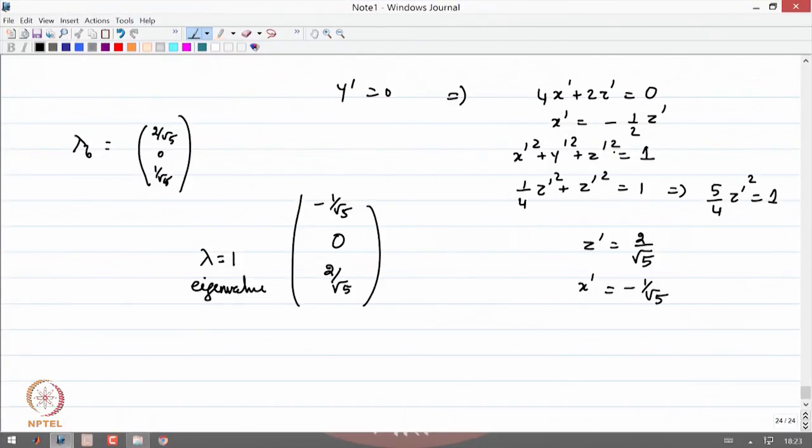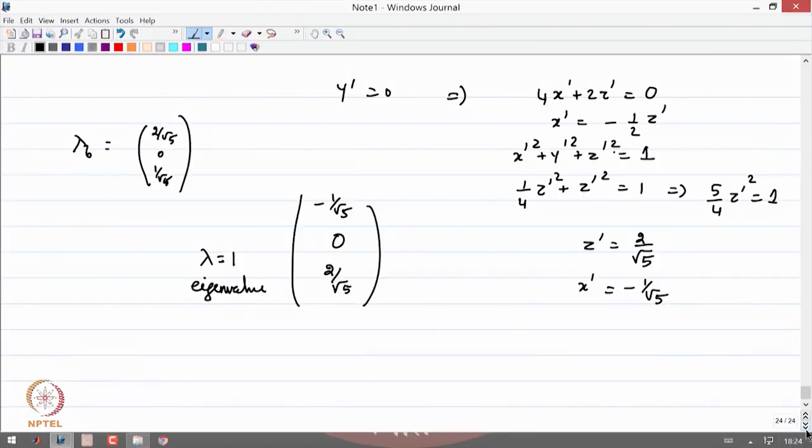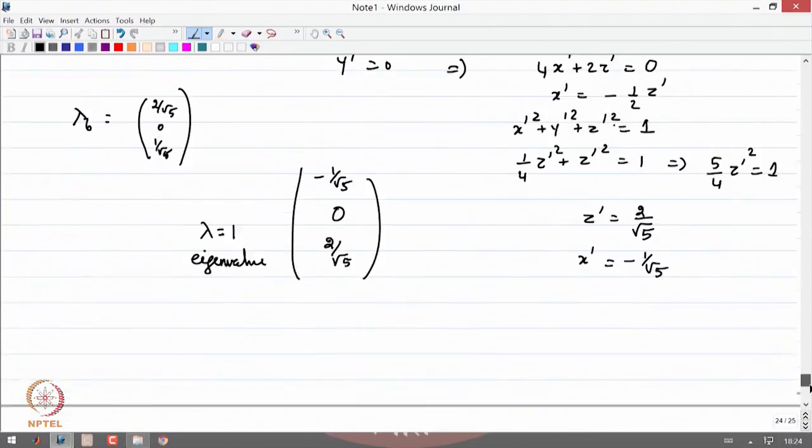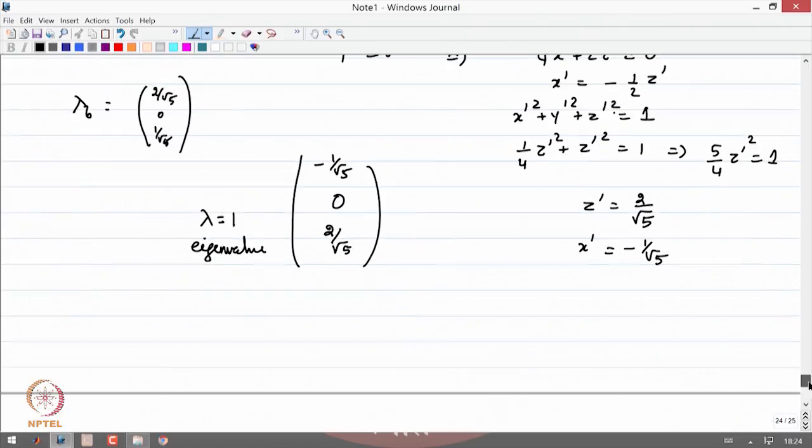Now comes the property of the eigenvector matrix for the eigenvalues which are real, and we know that for a real eigenvalue system, the transformation matrix or the matrix of the eigenvectors will be orthogonal. So if it is orthogonal, then what it means is the following. We have one column vector which is given by 2 by root 5, 0, 1 by root 5.